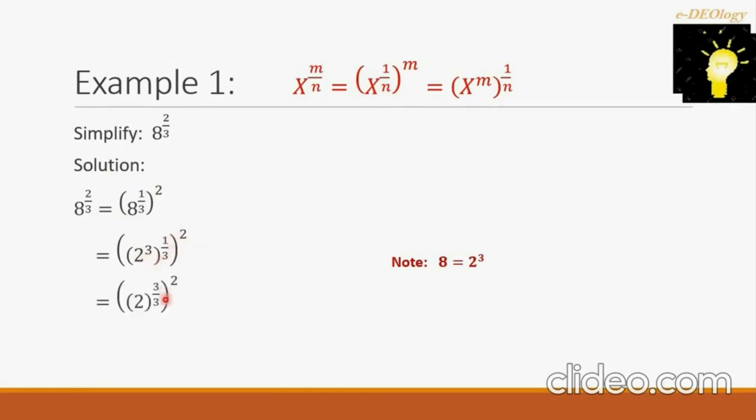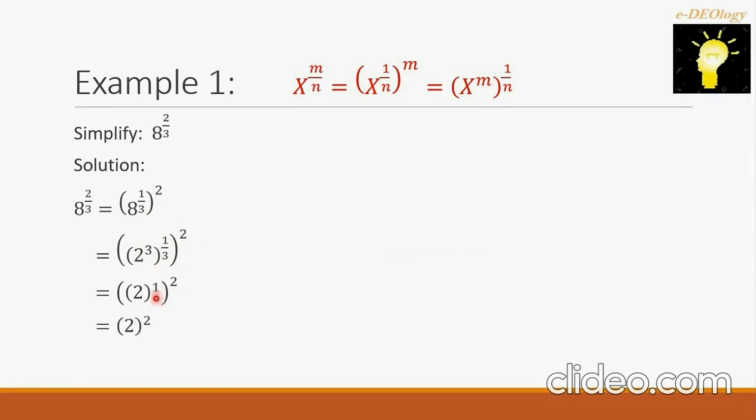We will get this 3 over 3, and then we will simplify the 3 over 3 into 1. Any number with exponent 1, we can simply delete that exponent 1. So in here we have 2 squared. Then we can now simplify into 4. So it means that 8 raised to 2/3 is equal to 4.